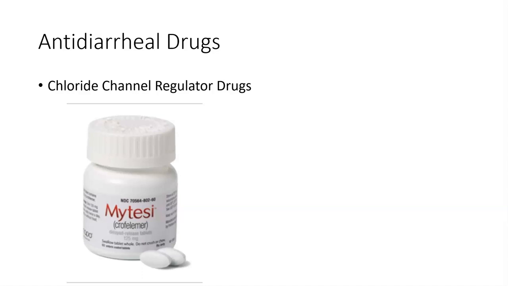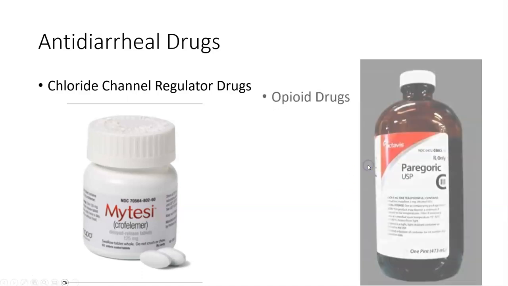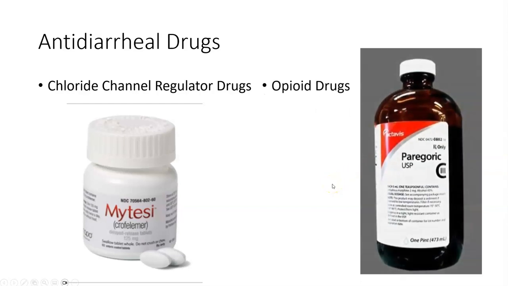It's going to regulate the loss of fluid. We use it in treating diarrhea associated with HIV. And then opioid drugs. Opioids slow everything down. Those mu receptors in the intestines slow down, and so paregoric, which is related to opium, is a drug that we could use for diarrhea.